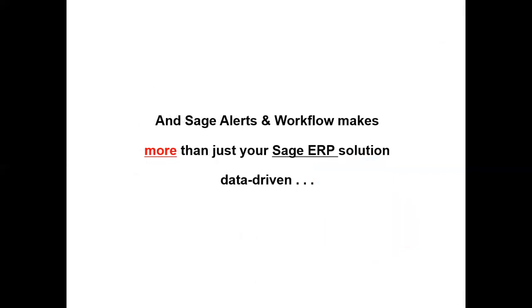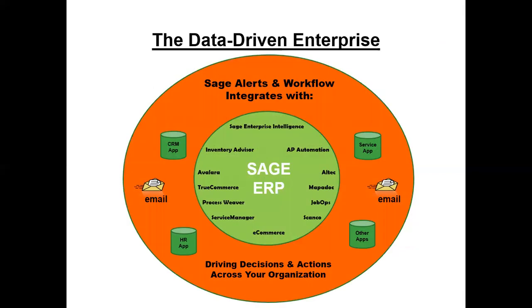and forget it application. And as I mentioned at the very start of my presentation, think about Sage Alerts and Workflow not just with your Sage 300 application, but with your Sage 300 add-ons, as well as with your other applications, such as a CRM, HR, or help desk application.